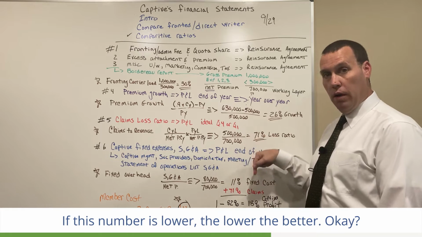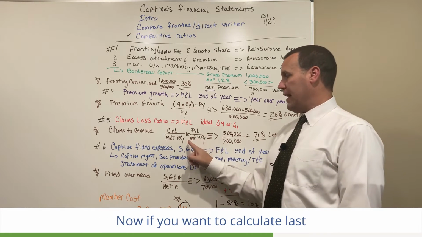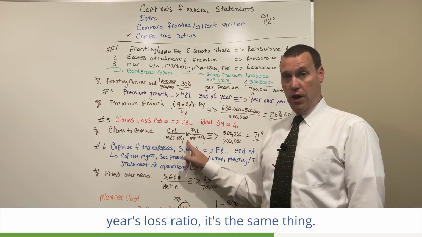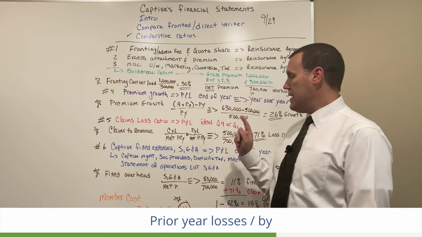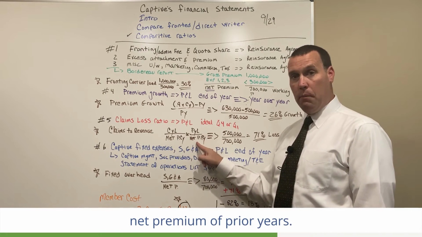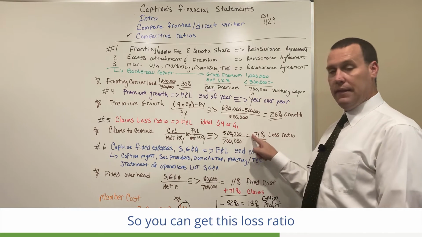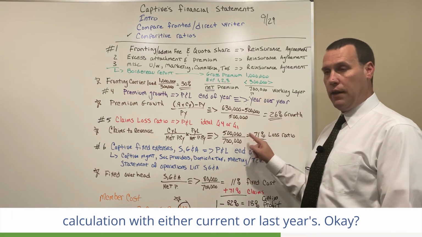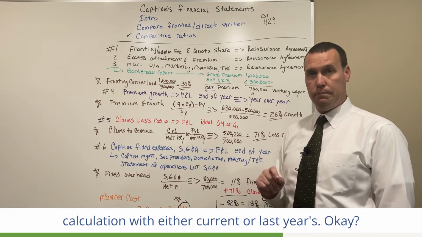If this number is lower, the lower the better. Okay? Now, if you want to calculate last year's loss ratio, it's the same thing. Prior year losses divided by net premium of prior years. So, you can get this loss ratio calculation with either current or last year's. Okay?